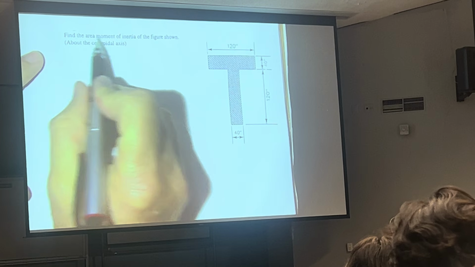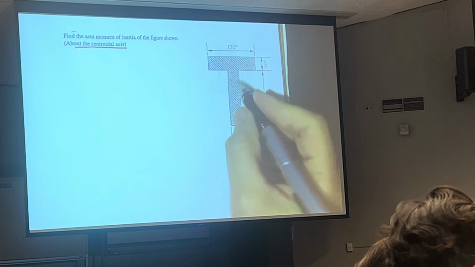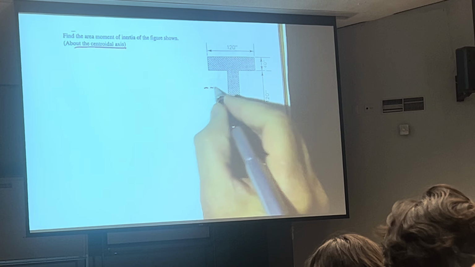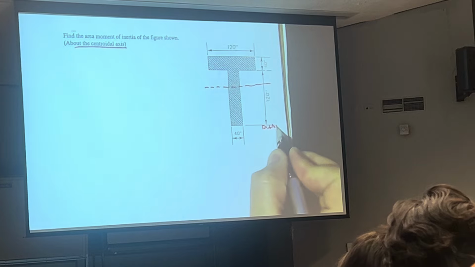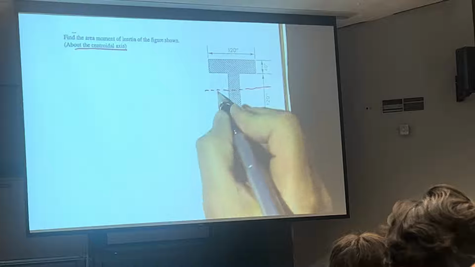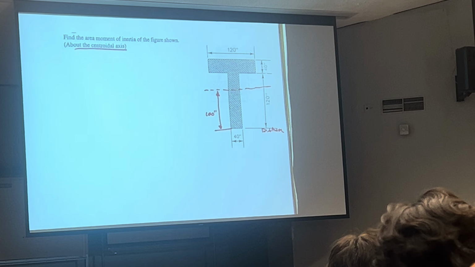Notice it says, find me the area moment of inertia about the centroidal axis. So somewhere in the centroid, we calculate the centroid to be here, and we call this the datum. And we said this distance, if you go back and look, was 100 inches from the base.